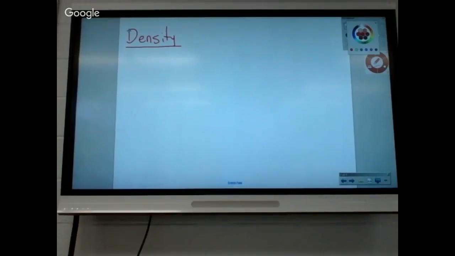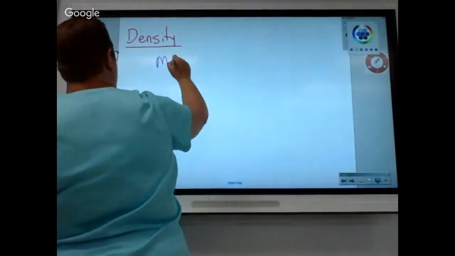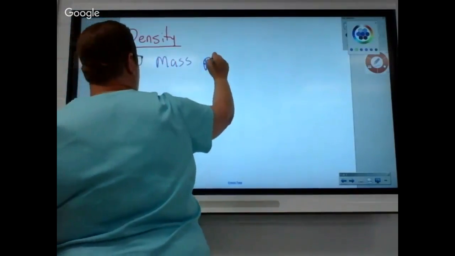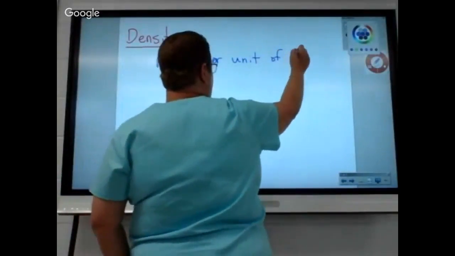Nobody remembers any kind of words from density? No kind of words. Okay. Density is mass per unit of volume.